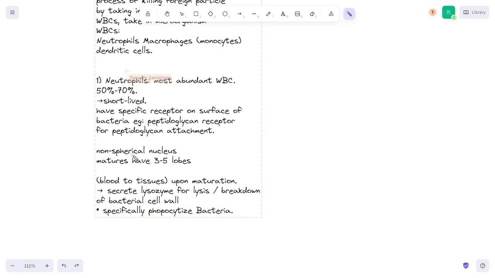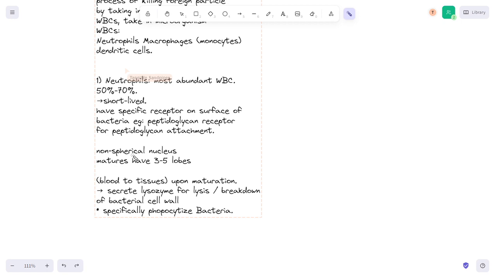They are short-lived and have a specific receptor on the surface for the attachment of bacterial molecules, like peptidoglycan receptors are for the peptidoglycan attachment. There's a molecule of bacteria called peptidoglycan, lipopeptidoglycan, and these are some molecules of bacteria, and neutrophils contain some receptors for specific bacteria.